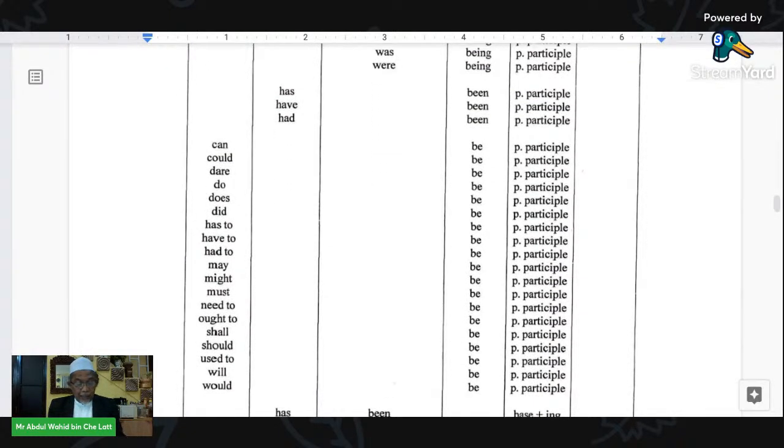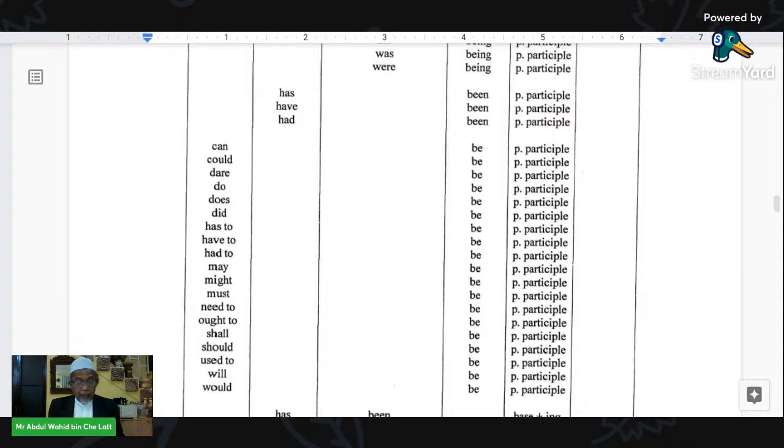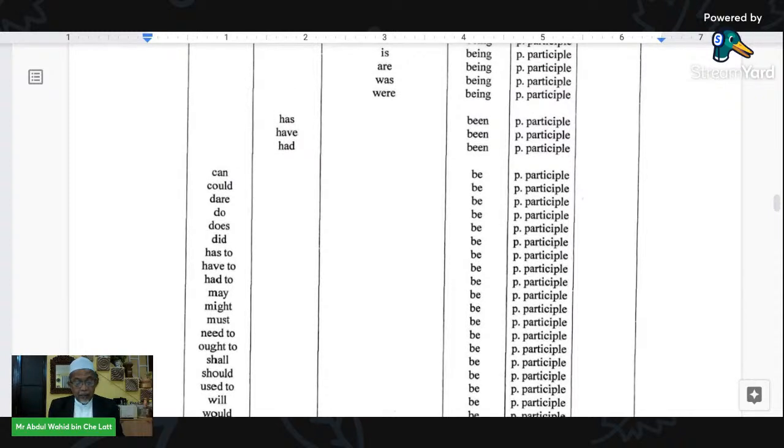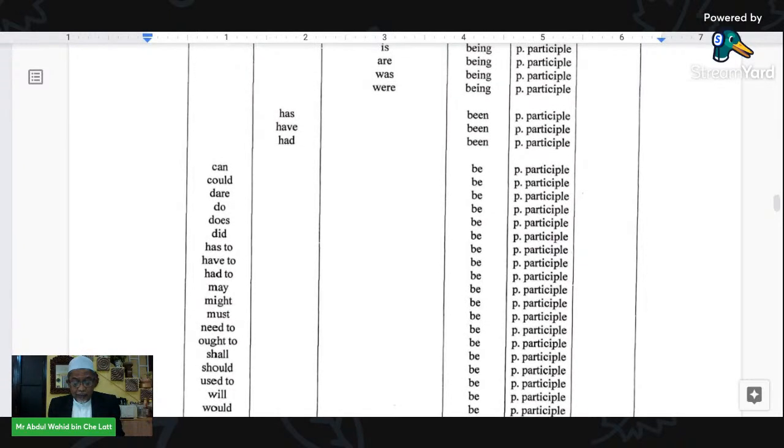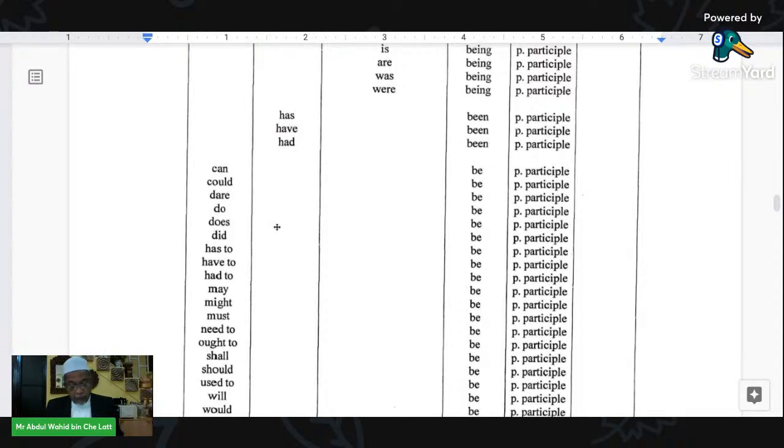Okay, sentence number 12. The Negeri Sembilan football players mungkin sedang meraihkan their victory now. It's not clear, the typing is not clear. Okay, look at the verb phrase mungkin sedang meraihkan.